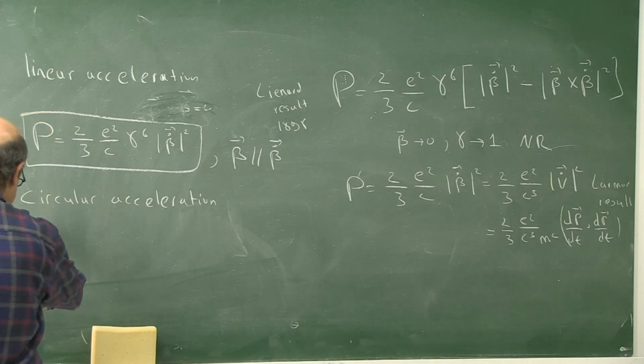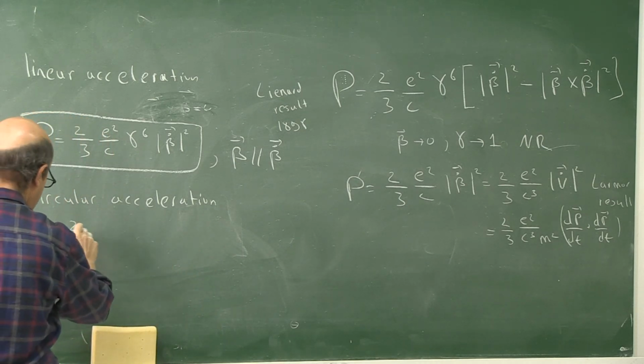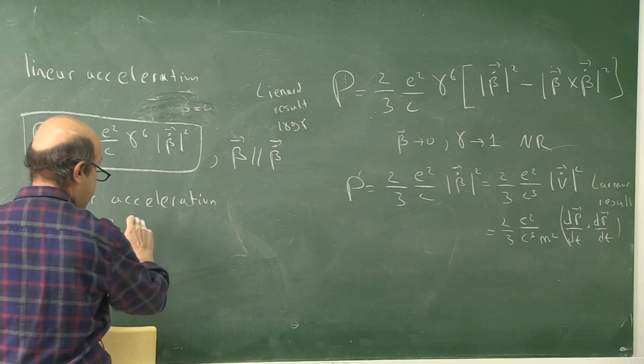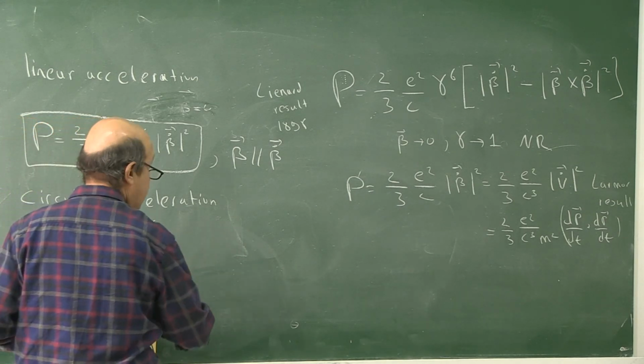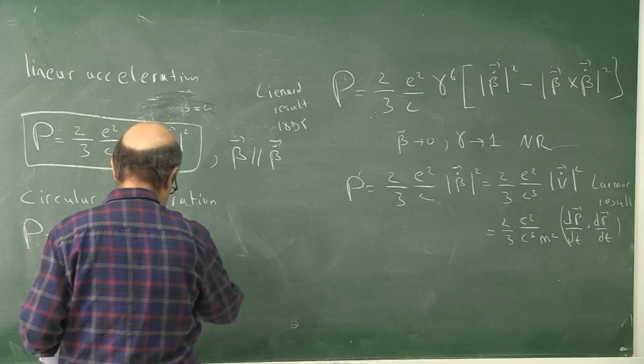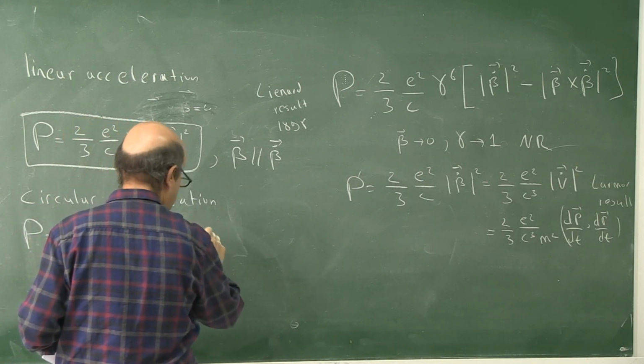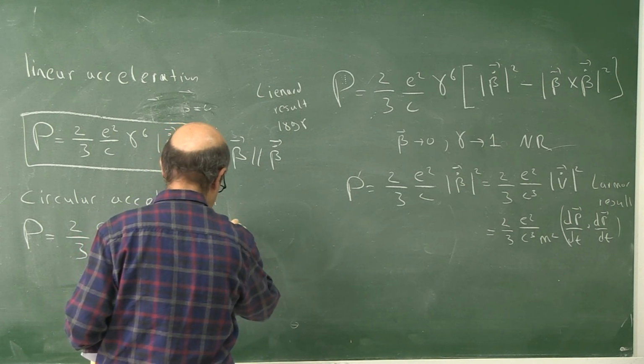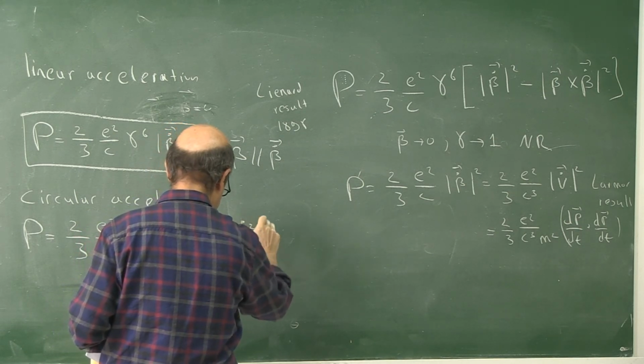Then the power becomes the following: 2 over 3 e square over c gamma to the 6 times beta dot square minus beta square beta dot square.